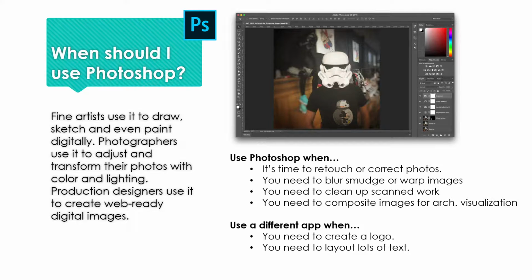You need to put in the background, change the sky. Remember we did that in exercise 1. And clean up some sketches, that kind of stuff. If you need to design a logo or edit lots of text, no, you don't want to use Photoshop.